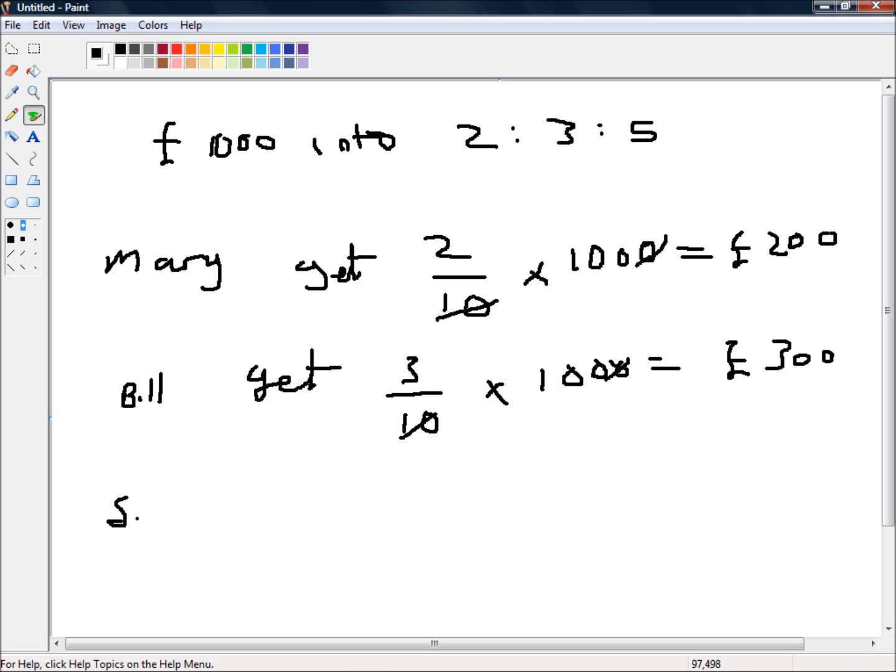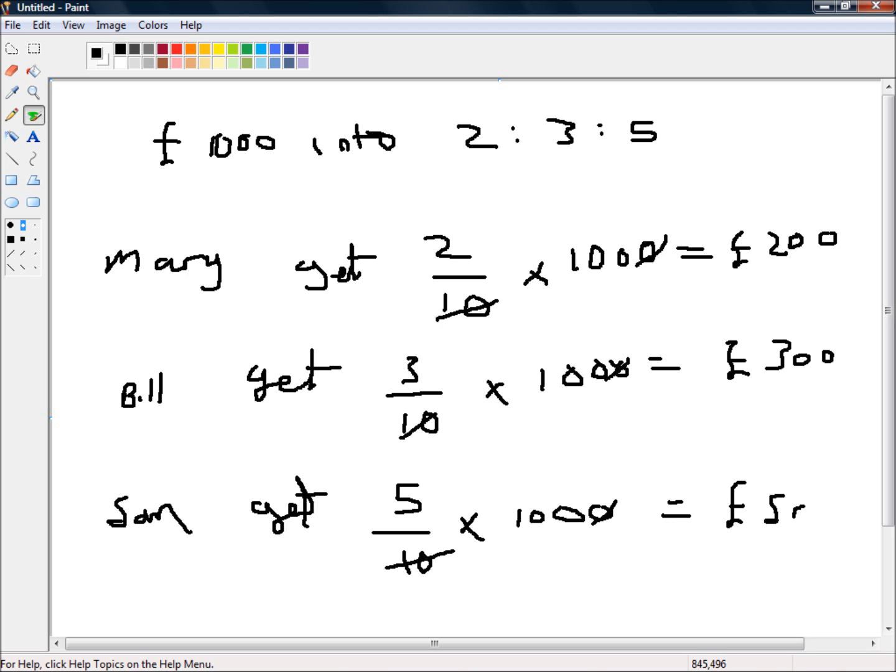And I think the other one was Sam. Sam gets 5/10 of £1,000. I could simplify that to a half, but is there any point, because the 10 divides nicely into that 1,000, so it's easy to just say 5 times 100. So Sam gets £500.